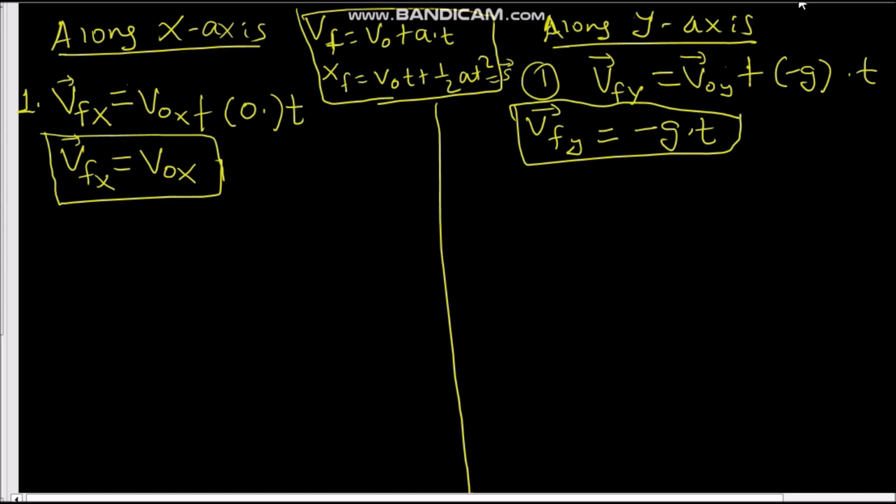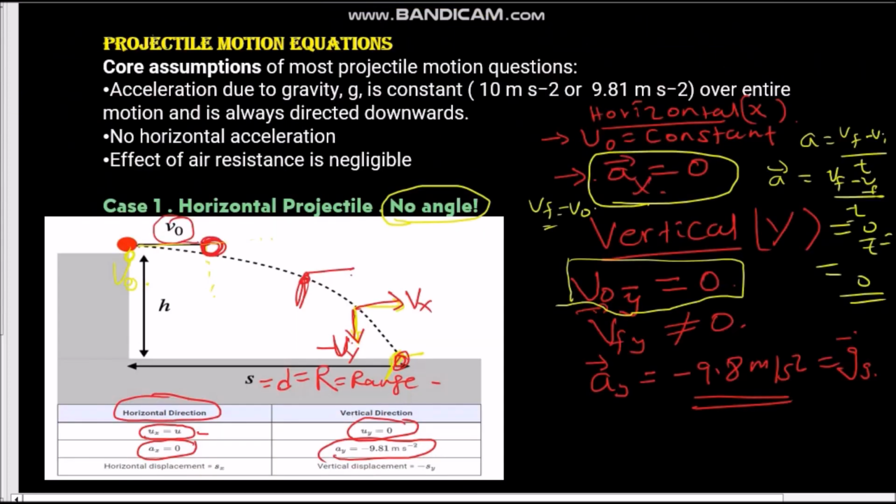Good. Alright, what about the direction of the final velocity across the y? When the object is here, the motion is downward.